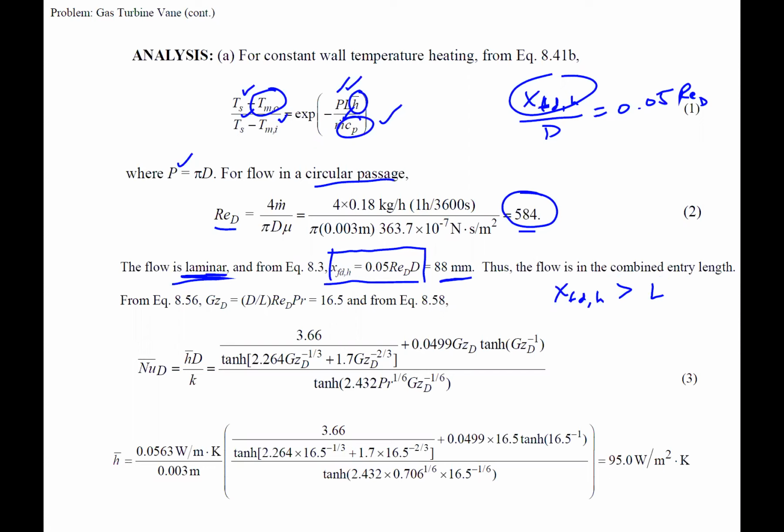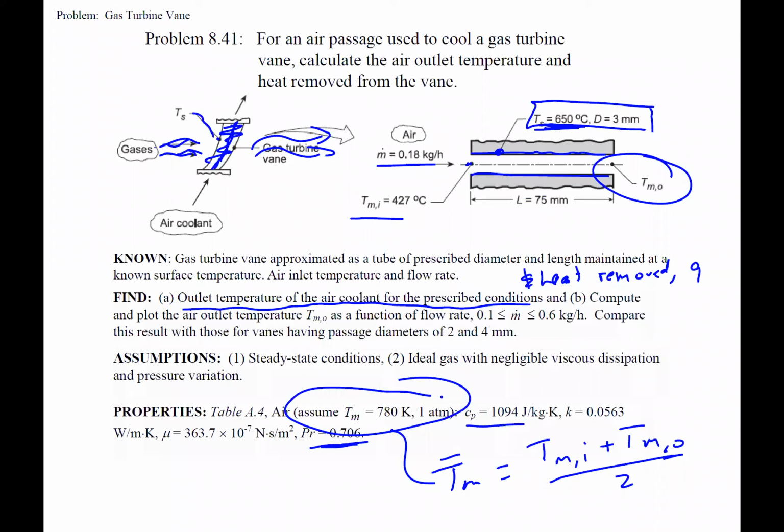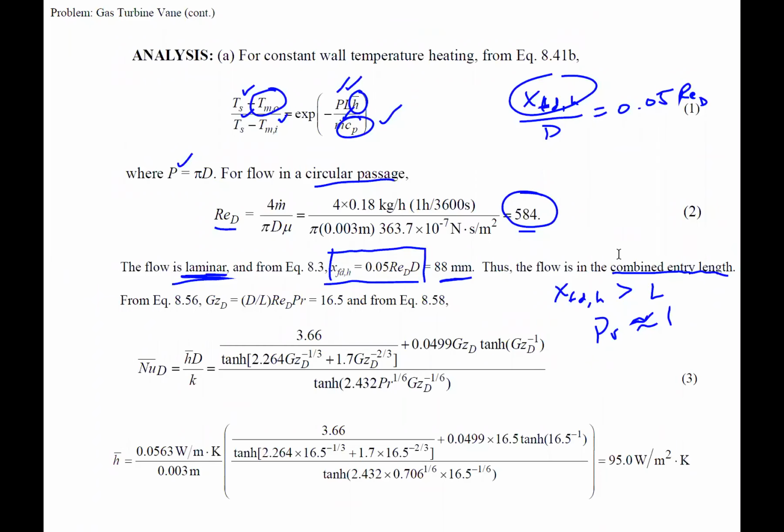It's not just the thermal entry length, because the Prandtl number is close to 1. We're not in the case where the Prandtl number is very much larger than 1. Where we looked in the properties, we're at 0.7, very close to 1. So the entry lengths are developing very close to each other, and we're in the combined entry length region.